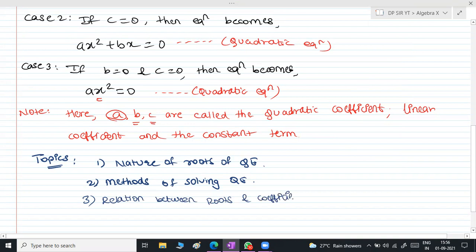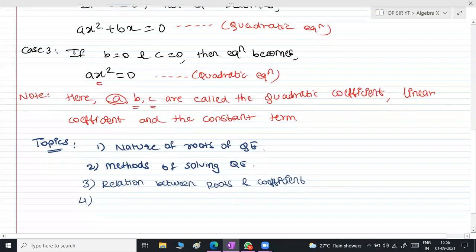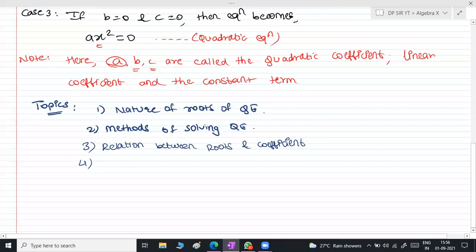Relations between roots and coefficients. Fourthly, in this topic, we are also going to come across applications of various quadratic equations.